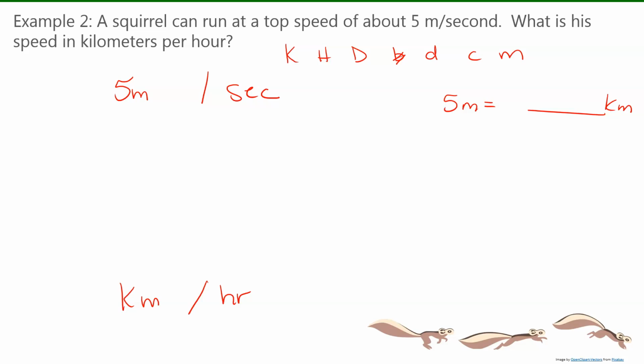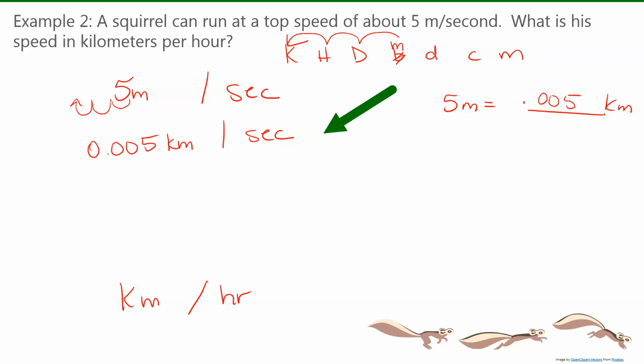So this is our base unit, so meters, and we're moving from meters to kilometers. So I need to go 3 places to the left. So I put my pen on my decimal place and I move 3 places to the left. So that becomes 0.005 kilometers. So 5 meters per second is the same as 0.005 kilometers per second. So we've changed our meters into kilometers.